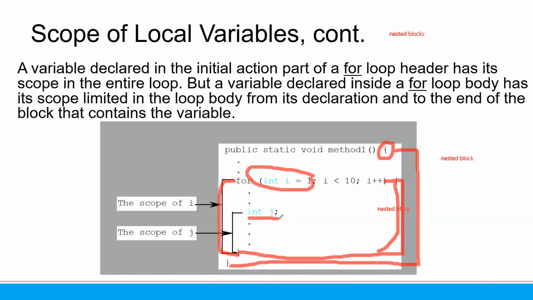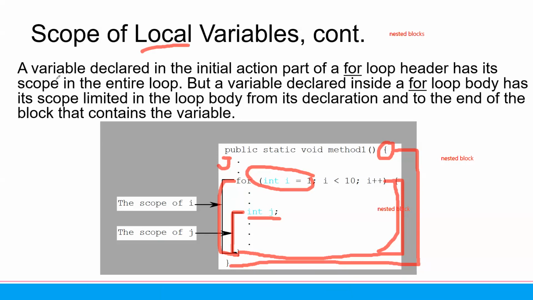Now I have another variable, integer j. Once you define this one, you can use this variable starting from this definition until the end of this block. So you cannot use j here because it is outside the block. That's what we call local variables.